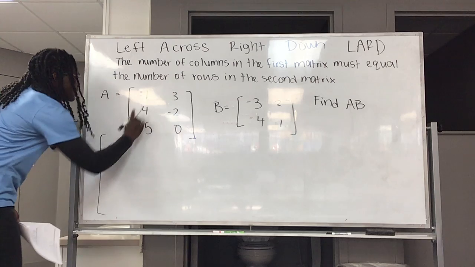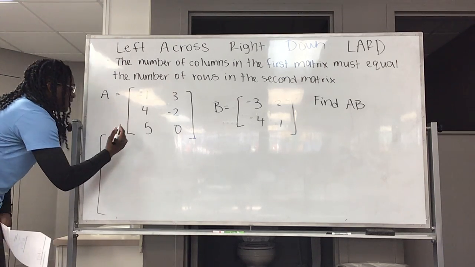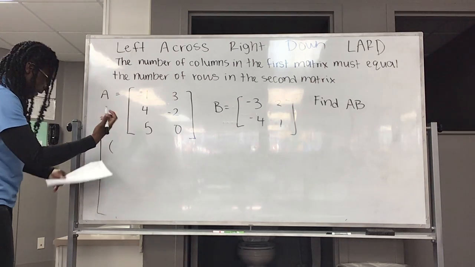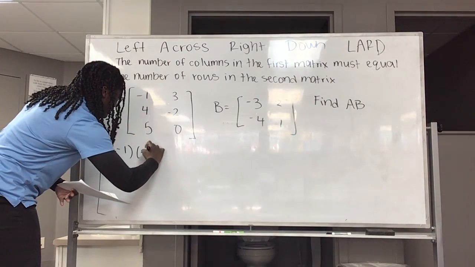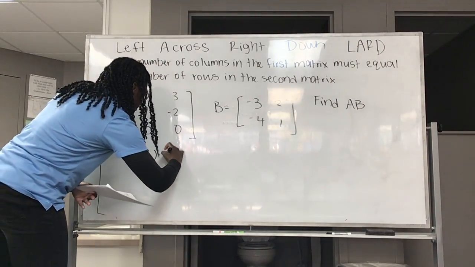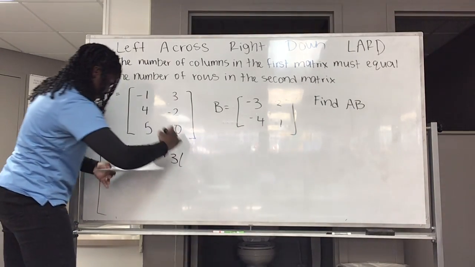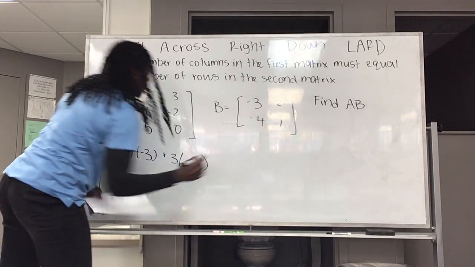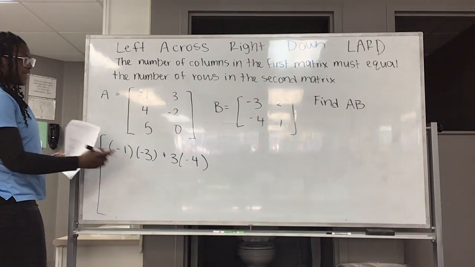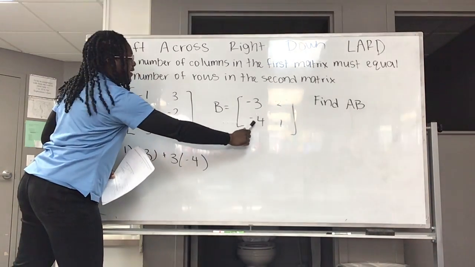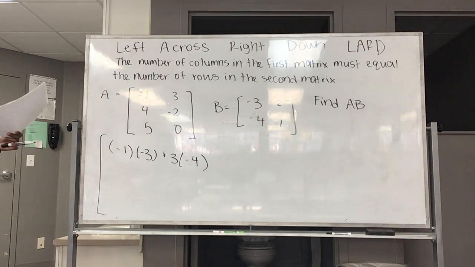So in my first row, first column, it's going to be -1 times -3, and then plus 3 times -4.